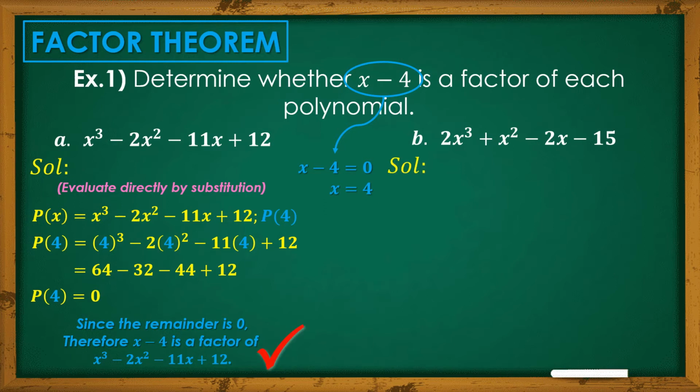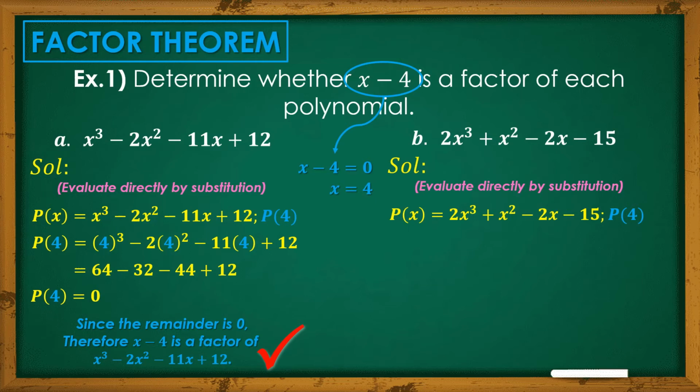How about for letter B? Let's look at the solution. Again, let's evaluate directly. If p of x is 2x cubed plus x squared minus 2x minus 15 and the value of x is 4, we'll have this substitution. 2 times 4 raised to 3 is 128. 4 squared is 16. Negative 2 times 4 is negative 8 minus 15.